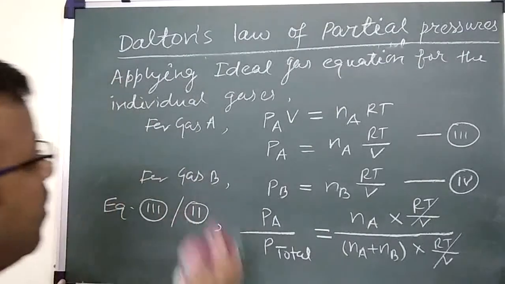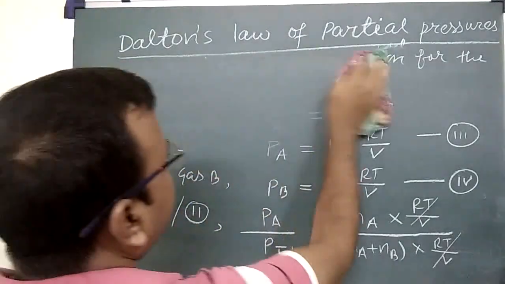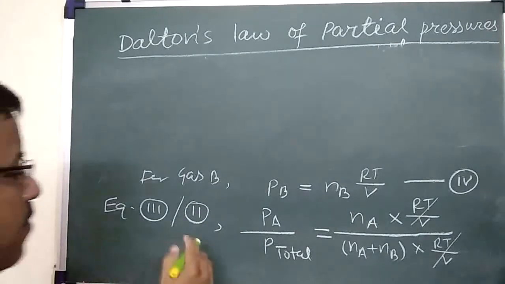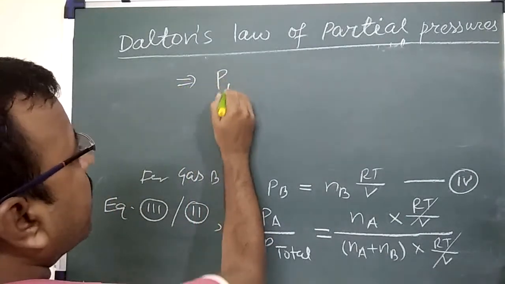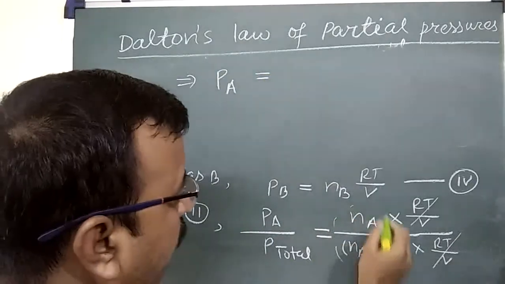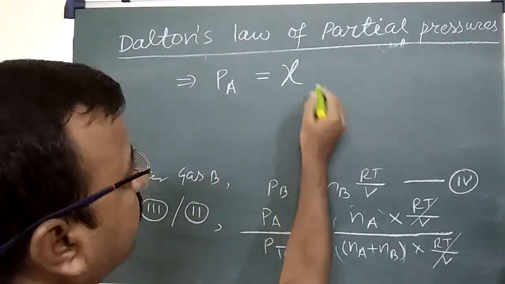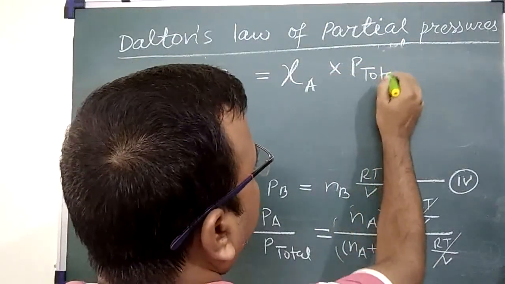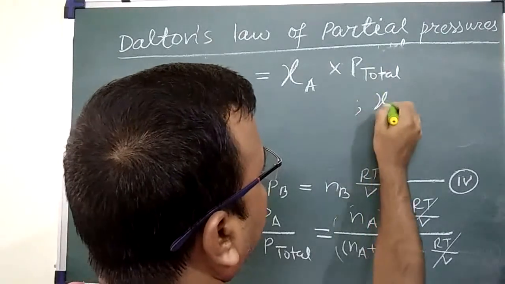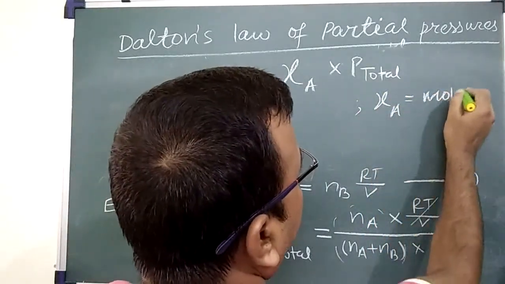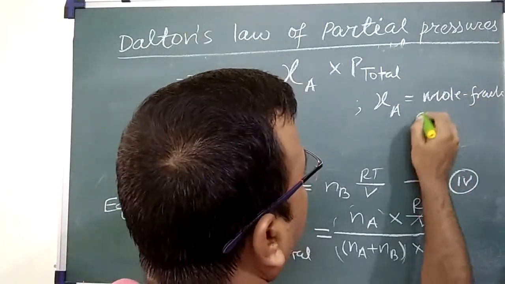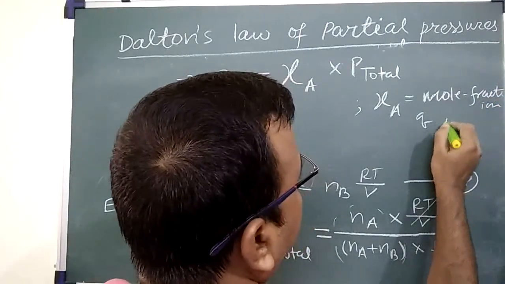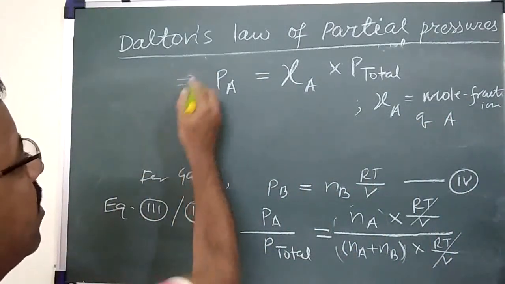So in place of this, we can write PA is equal to chi A, the mole fraction of A, into P total, the pressure of the mixture, where chi A is the mole fraction of A.